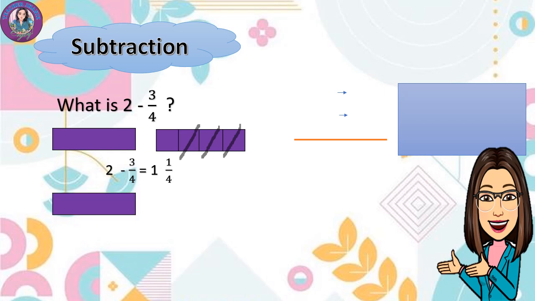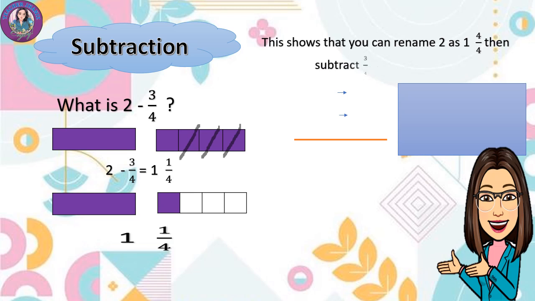The answer is 1 and 1/4. This shows that you can rename 2 as 1 and 4/4, then subtract 3/4. You will get 1 and 1/4.